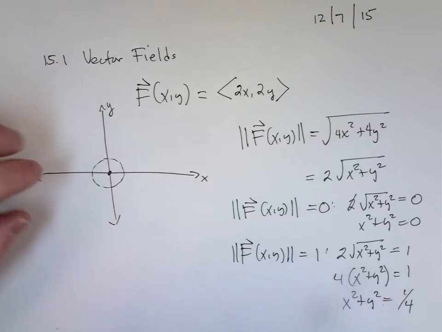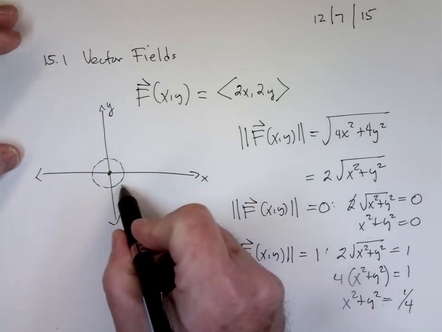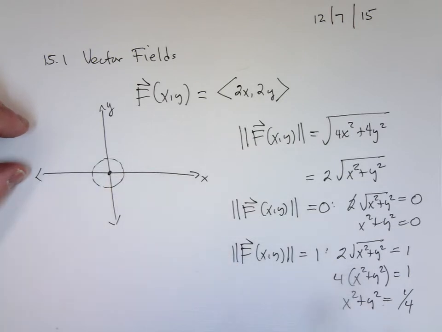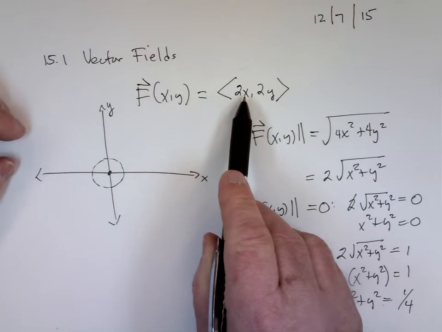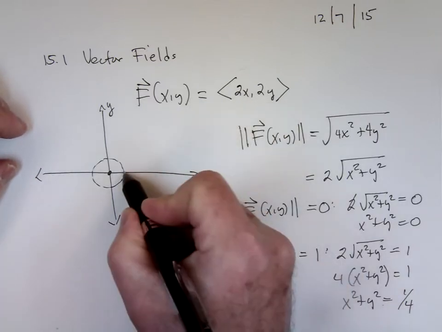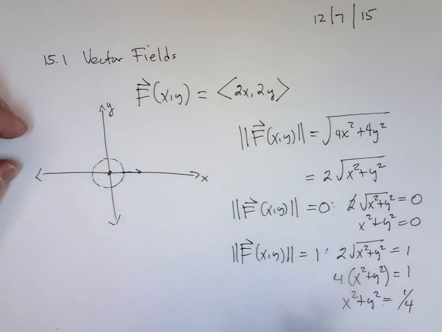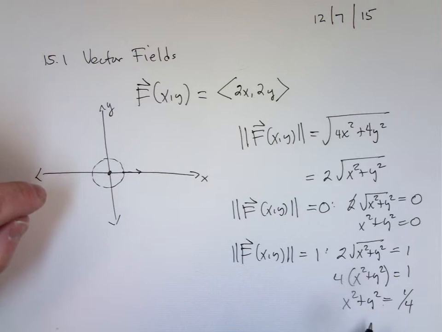So let's plot a couple of them. For example, this is x squared plus y squared equals 1/4. This point would be (1/2, 0). What vector are we looking at? At (1/2, 0), the vector is (1, 0). It's this vector. Let's take another point around this circle, let's take (0, 1/2).